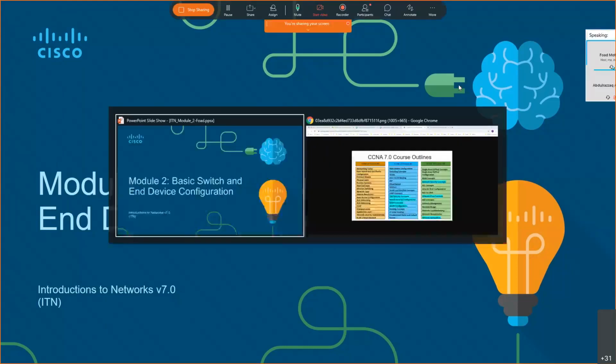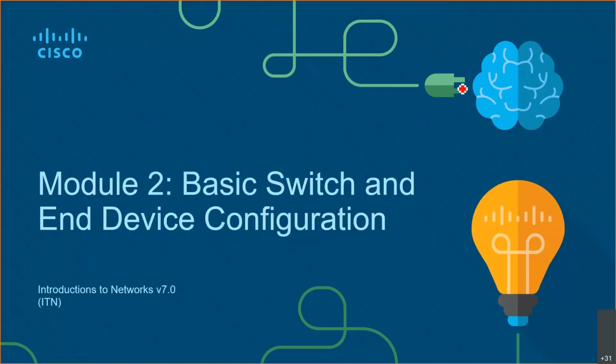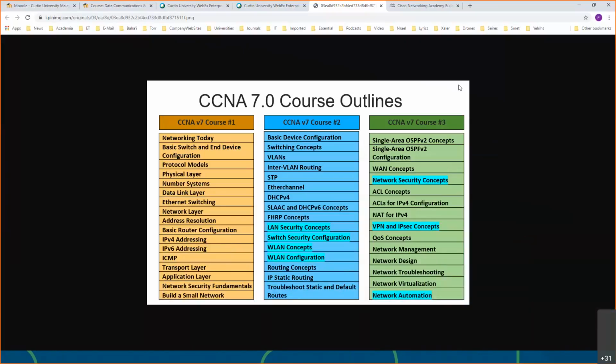Another thing I want to tell you is how I'm going to approach this. If you look at the CCNA course, especially the latest one, 7.0, it consists of three different levels: CCNA-1, CCNA-2, and CCNA-3. So for Datacom and Network Management, you will do only CCNA-1.